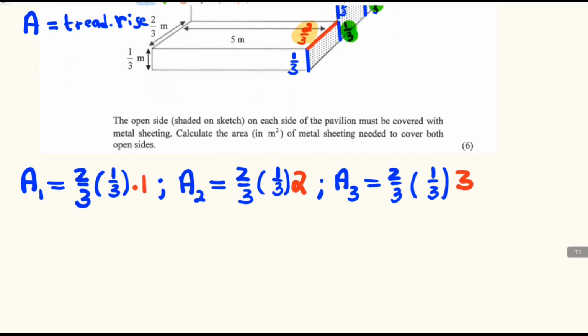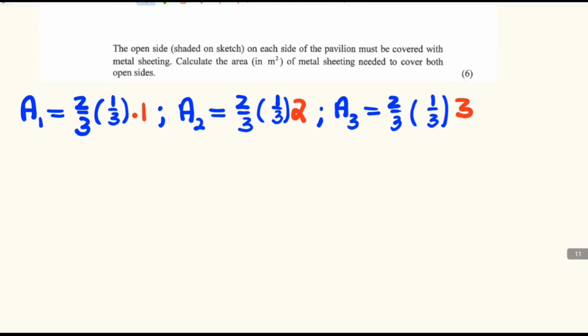So it seems that area number 4, even though we don't have the full picture, will also be equal to 2 divided by 3 multiplied by 1 over 3 multiplied by 4.